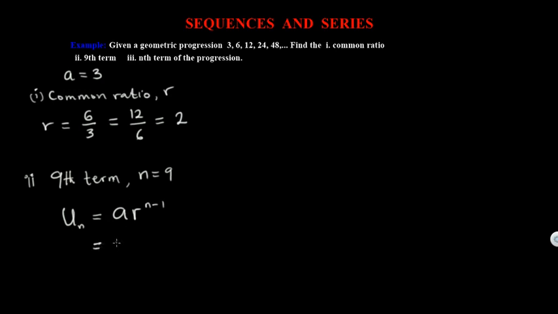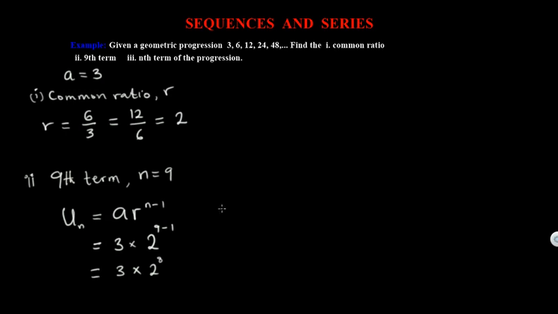Then we substitute the values. We know the value 3 multiplied by the common ratio, which is 2, raised to the power of n, which is our 9 minus 1. So when we solve this problem, we have 3 multiplied by 2 raised to the power of 8.